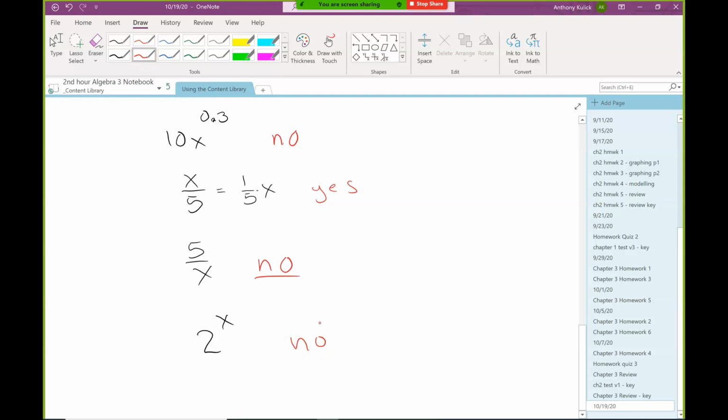Well, what's going on between the real number and the variable? Is it multiplication? No, the variable's in the exponent, right? That's different than multiplication. Not a monomial. Is everybody good with that? Okay. Do we feel like we have a pretty good picture of what's a monomial and what's not? I feel like I went through all the little tricky things that could come up.